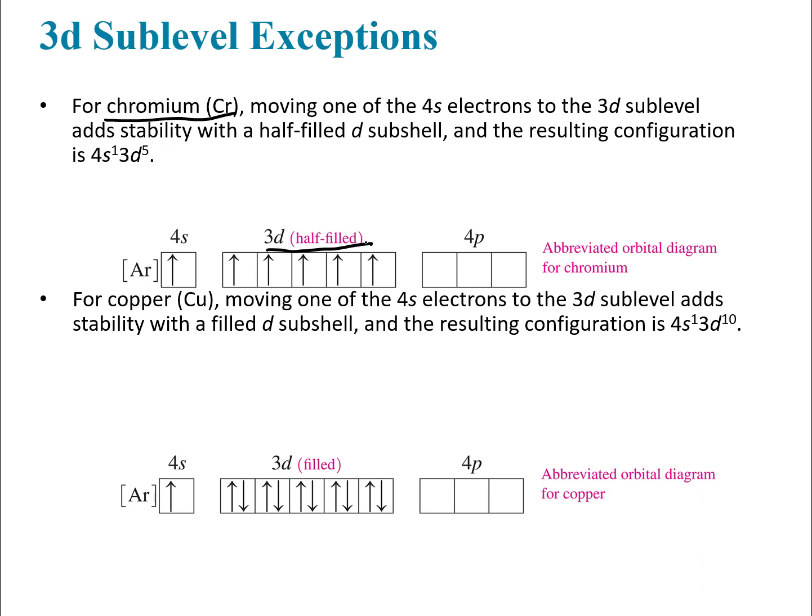And that's more stable than having 2 electrons in the 4s and then only 4 electrons in the 3D. The same thing for copper. Copper will complete its 3D sublevel and leave the 4s open. So there's one slot in the 4s. But these are just exceptions to the rule.